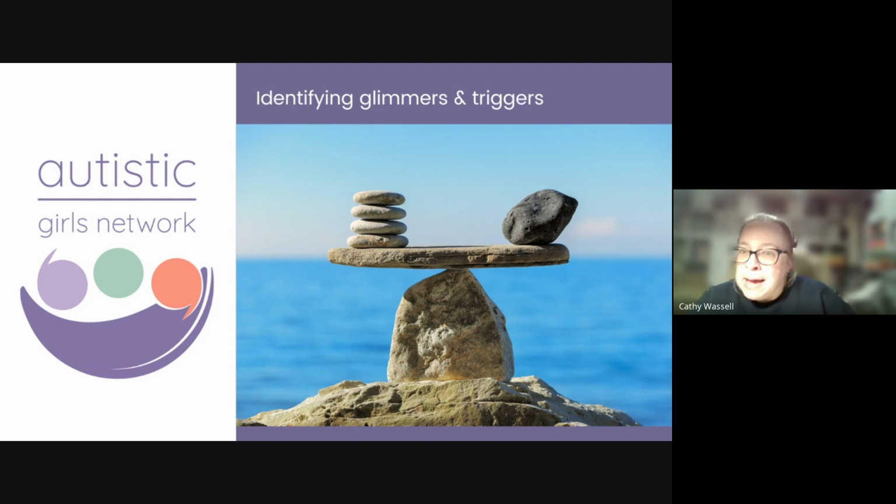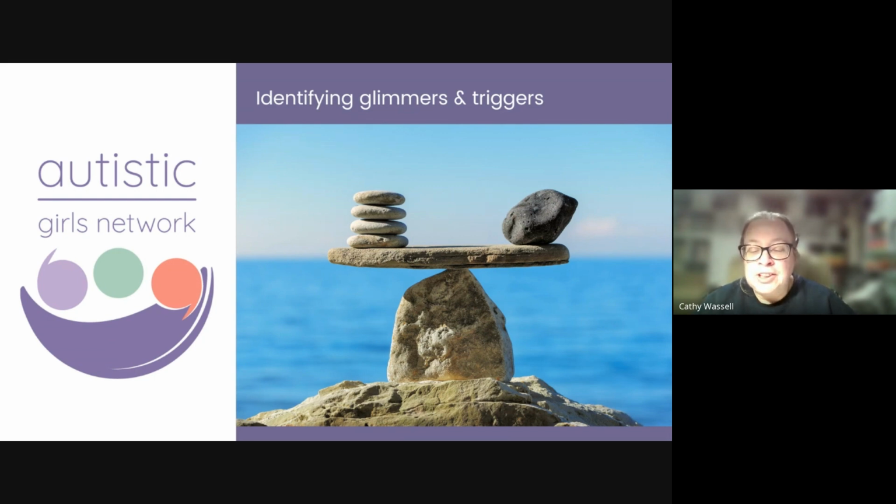It could be a smell. It doesn't have to be an actual physical thing. So, for example, my daughter loved the smell, and we only found this out from a sensory OT assessment, occupational therapy assessment, of freshly washing. I guess it's the washing powder. But she loved that smell, and it could be recreated with Yankee Candle's cotton fresh, that flavor, that smell.